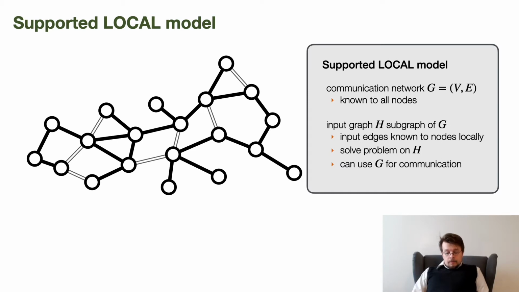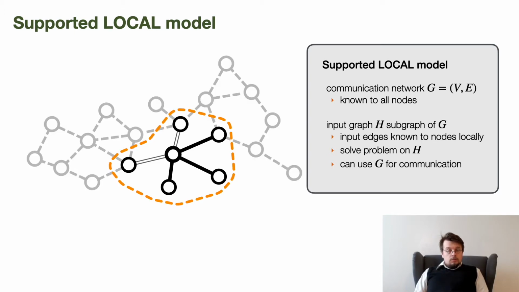And then the input graph H is a subgraph of G. Which edges are part of the input graph is only known locally to the nodes, and the task is to solve a problem on this input graph H. All the edges of G can still be used for communication even if they are not part of the input.